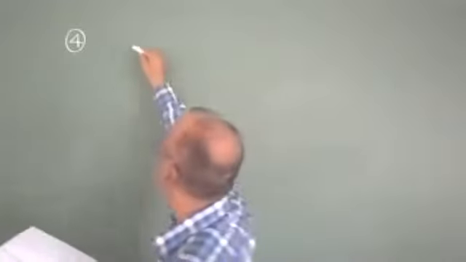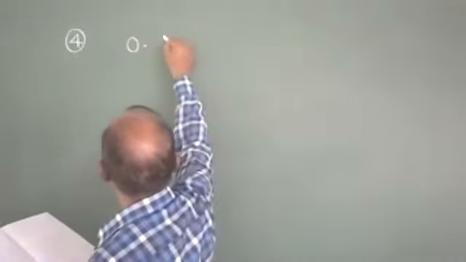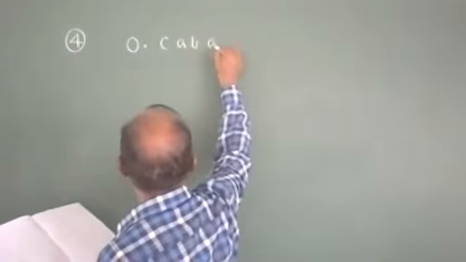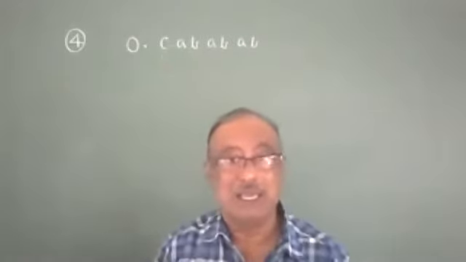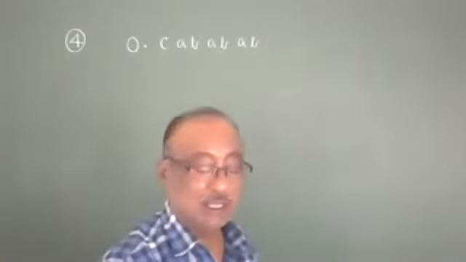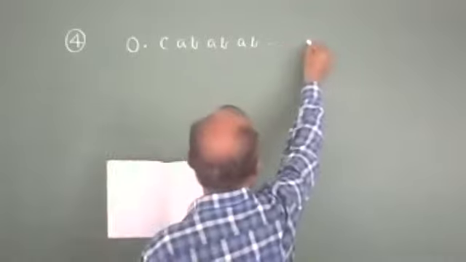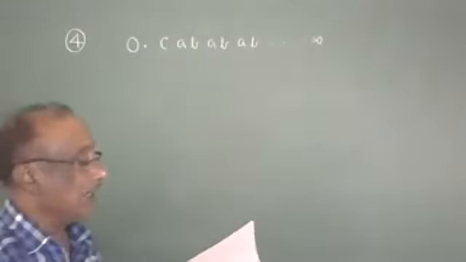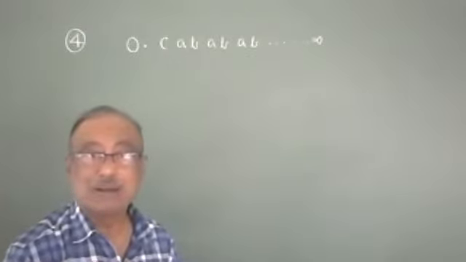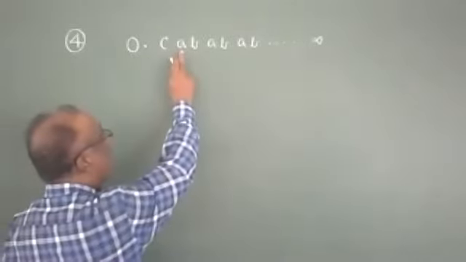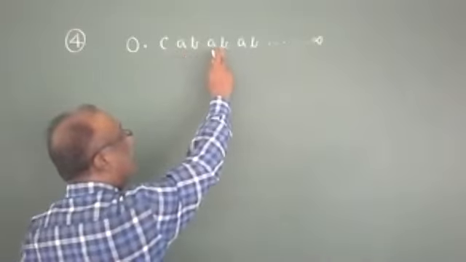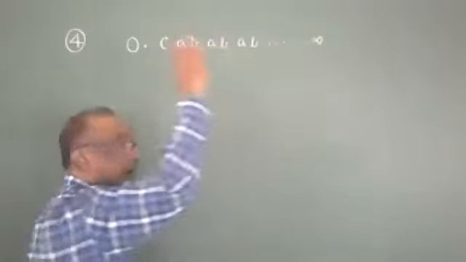Then the rational number represented by 0.CABABAB. After the point we have C, A, B, again A, B, again A, B. It is going on up to infinite terms. This is the problem.